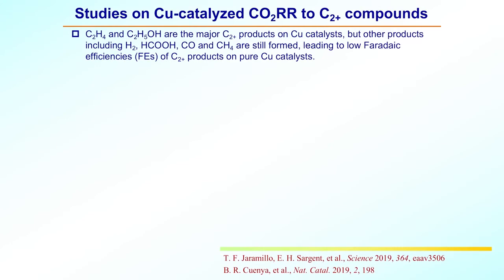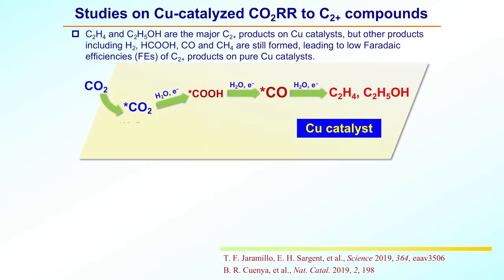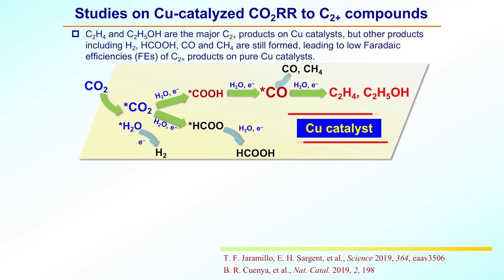Ethylene and ethanol are the major C2+ products on copper catalysts, but other products, including hydrogen, formic acid, CO, and methane, are still formed, leading to lower Faradaic efficiency of C2 products on pure copper catalysts.